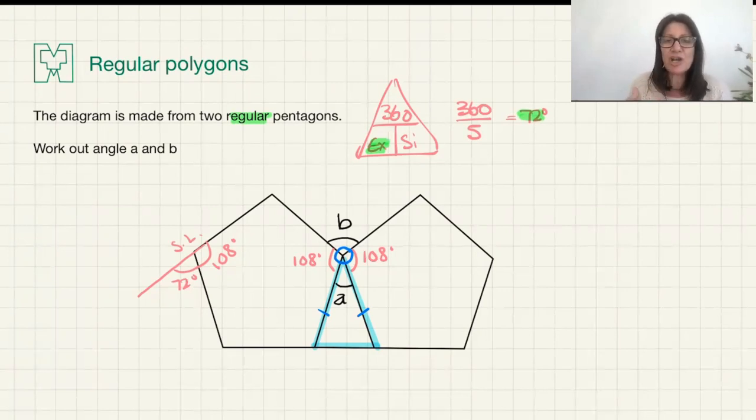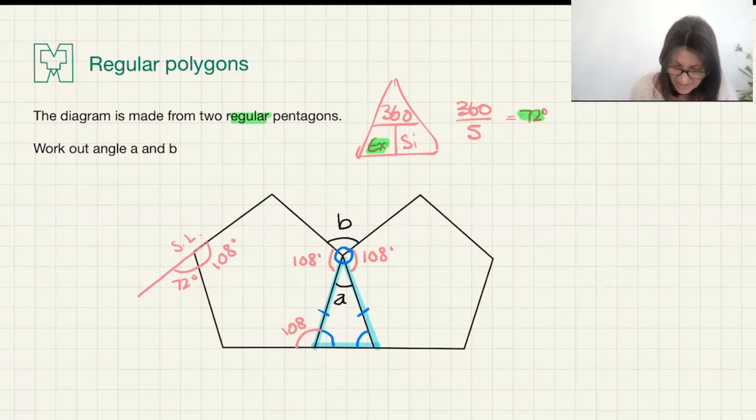You need the triangle to get you started, to get you that first angle. And then there are all sorts of additional things that you would be using along the way. We've already used the straight line. I'm now going to use isosceles triangles. These two angles here are going to be equal, and I know they sit on a straight line with these angles that are on the inside of my pentagon.